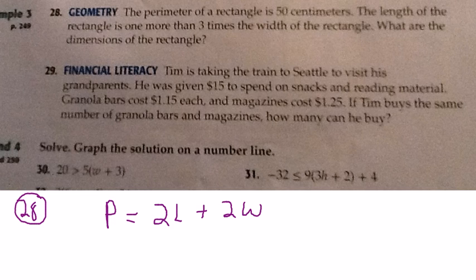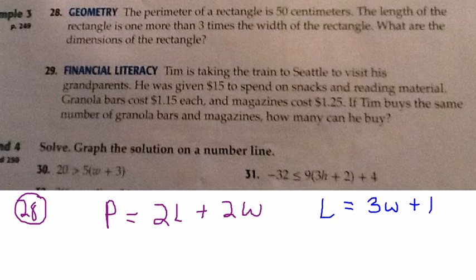And the problem is telling us that L, its length, is equal to 1 more than 3 times the width. So 1 more than 3 times the width is written as 3W plus 1. And the question is, what are the dimensions of the rectangle?